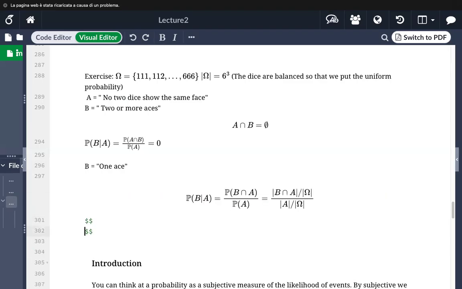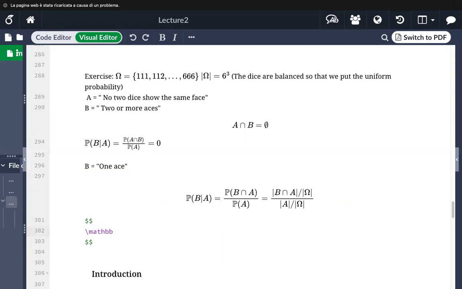So we can simply write that the probability of B given A is equal to the number of elements of B and A divided by the number of elements of A. And here I didn't use anything, only that the probability is uniform.